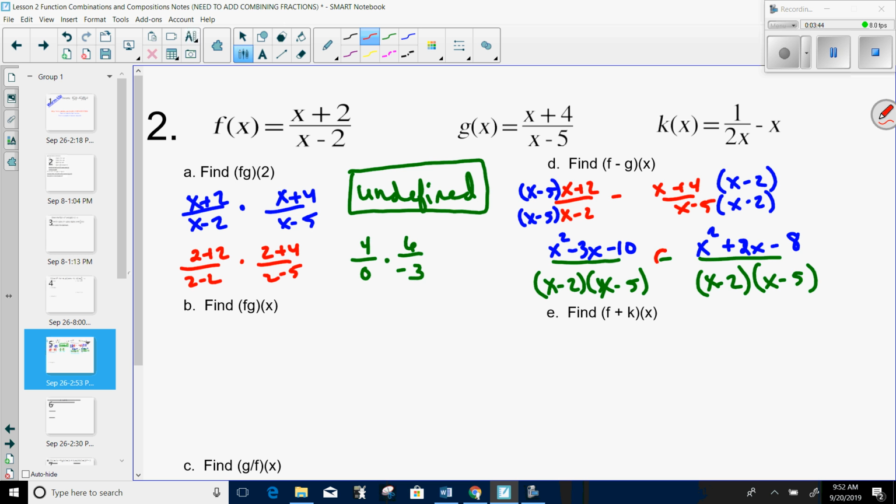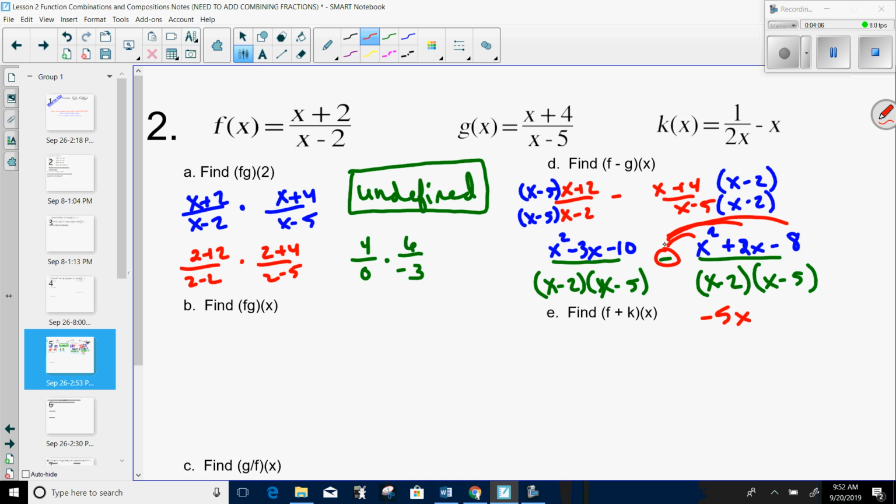Now, this negative sign right here impacts all 3 of these terms. So you're going to have x squared minus x squared, which is 0. You're going to have negative 3x minus 2x, which is going to be negative 5x. You're going to have negative 10 minus negative 8, which is a double negative, which makes it a positive.